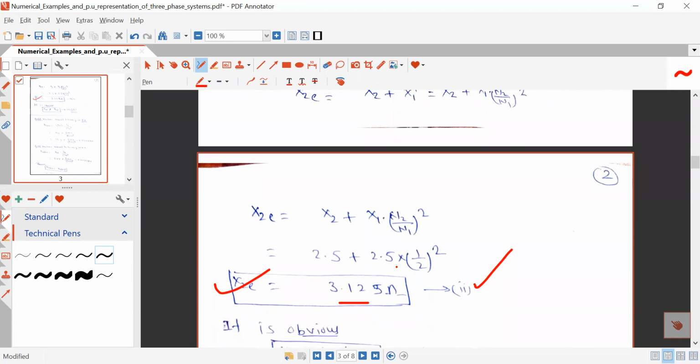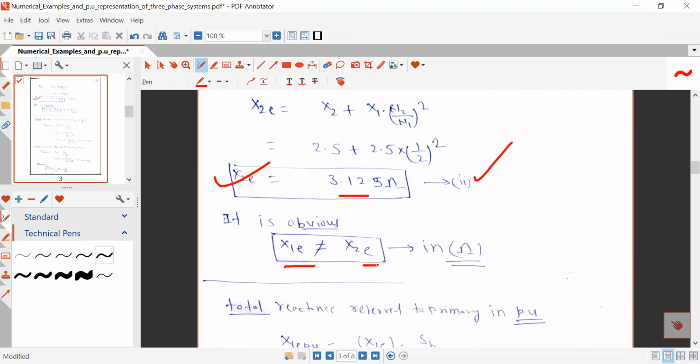So it is clear, in ohm these two values are not equal. Total reactance referred to the primary will not be equal to total reactance referred to the secondary. It is clear. And I have discussed this thing in a previous lecture also.